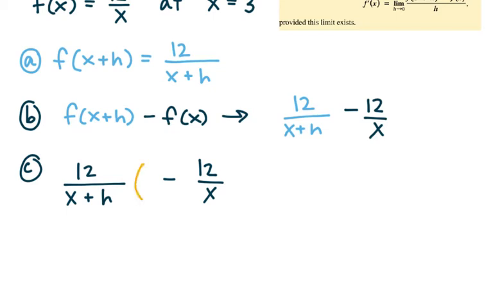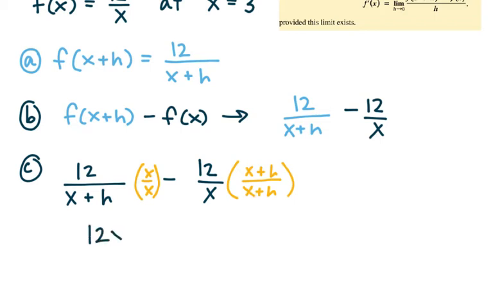I'm going to look at the denominator on each of the 2 fractions and put it over itself with the other fraction so that we are multiplying by 1. So I'm going to multiply the first fraction, 12 over x plus h, by x over x, and I'm going to multiply my second fraction, 12 over x, by the quantity 1, x plus h over x plus h.